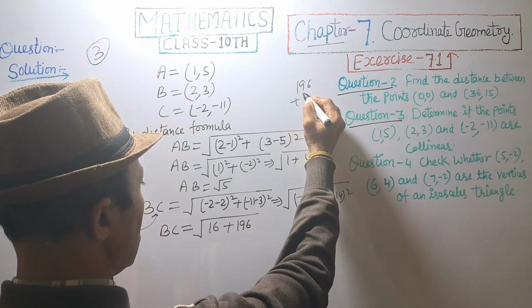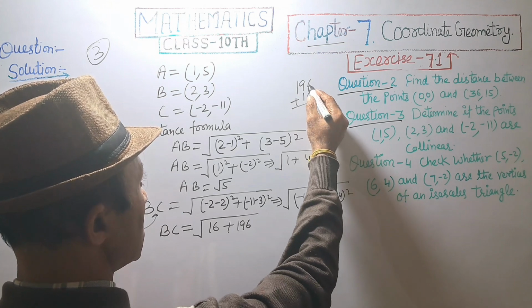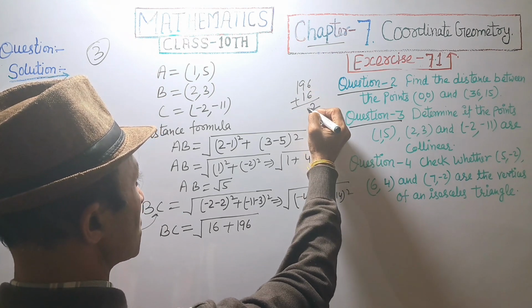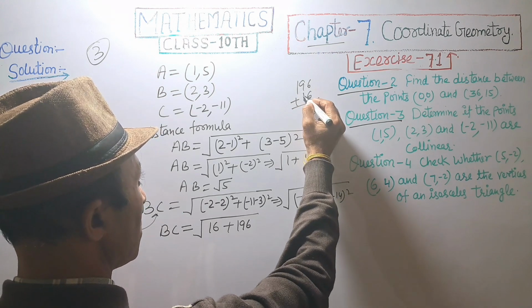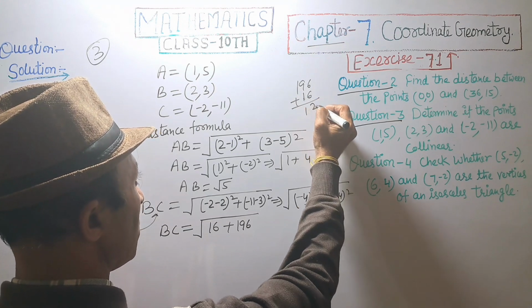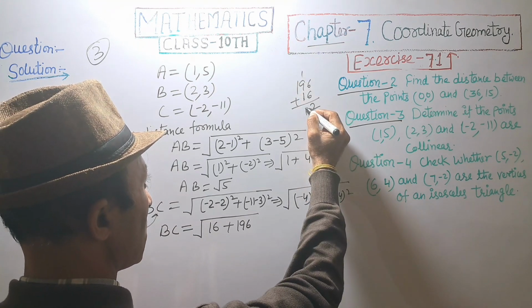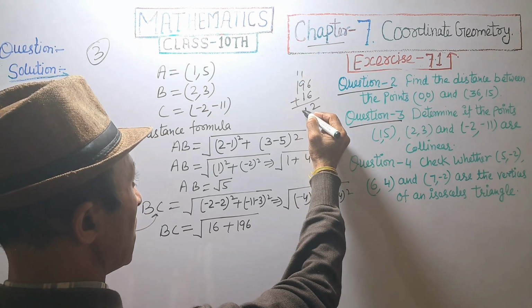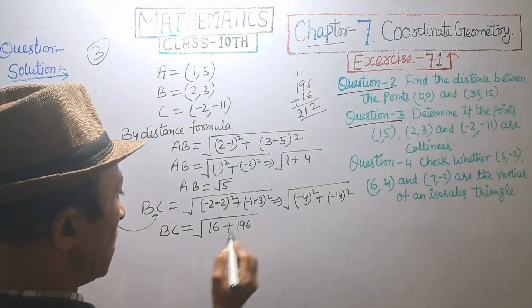Adding 196 plus 16: 6 plus 6 is 12, 9 plus 1 is 10 plus 1 is 11, 1 plus 1 is 2.